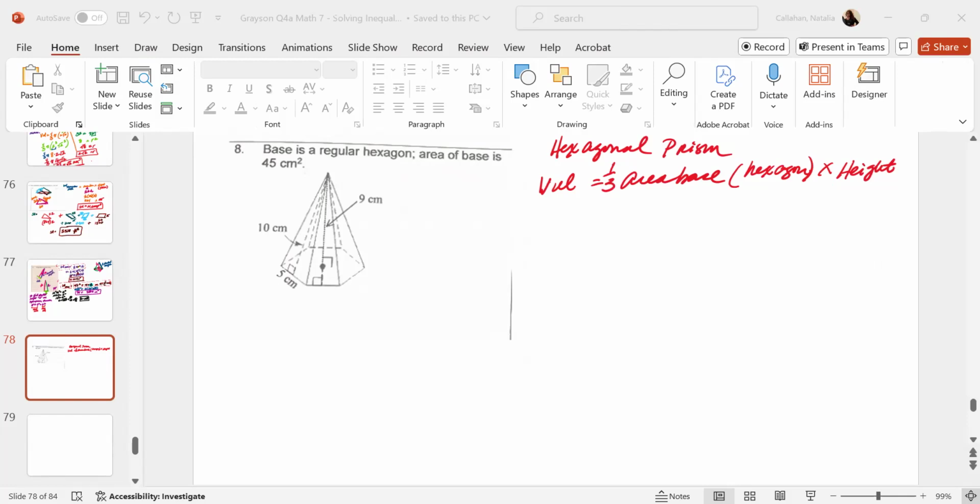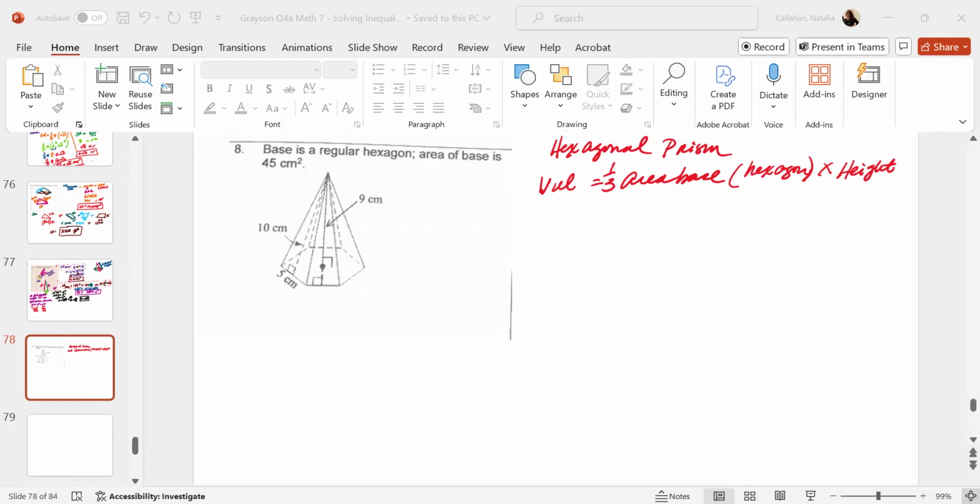Multiply the area of the base. Okay, so all you really need is, you could just use volume equals area of the base times height.